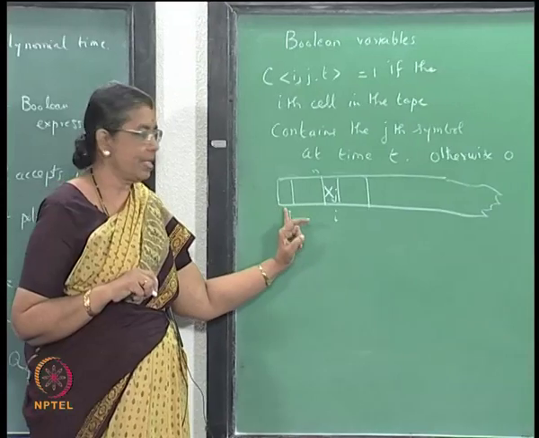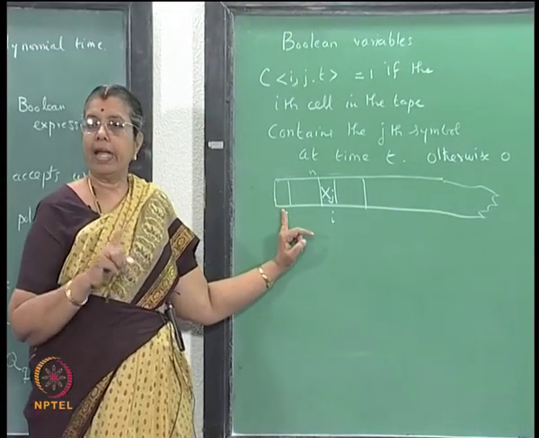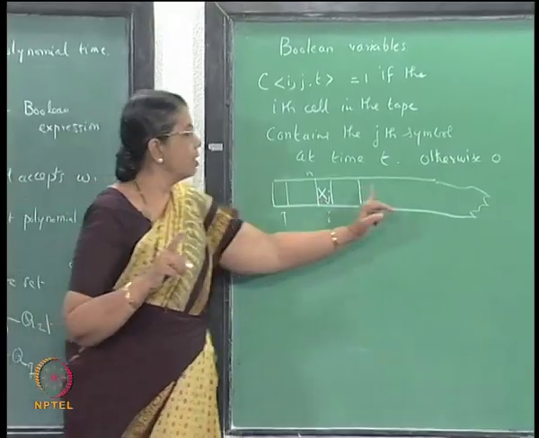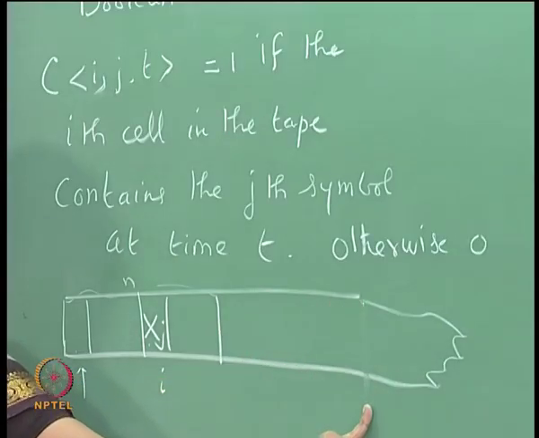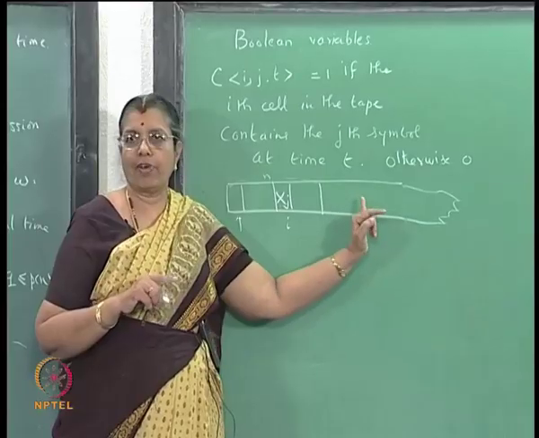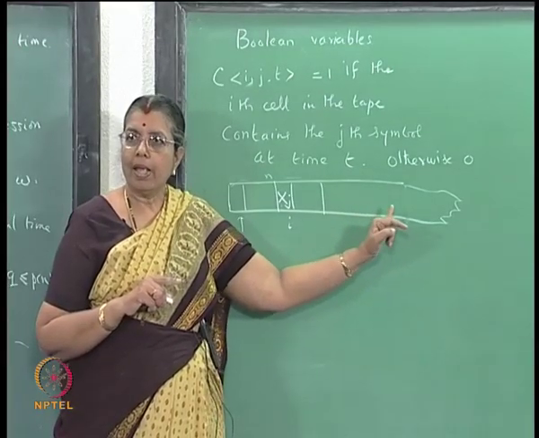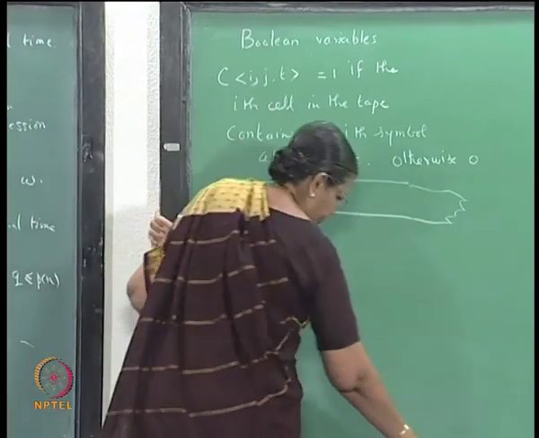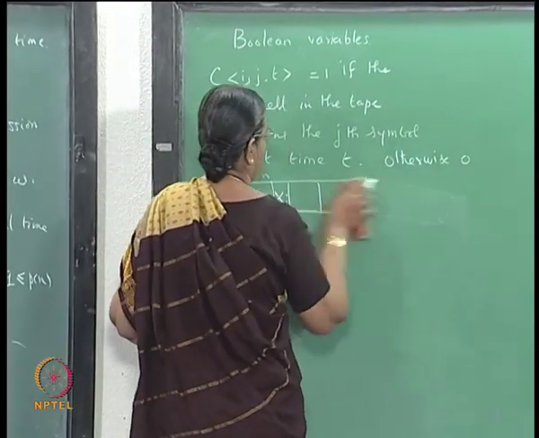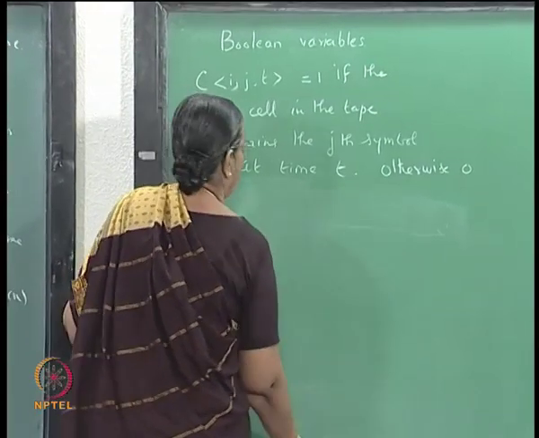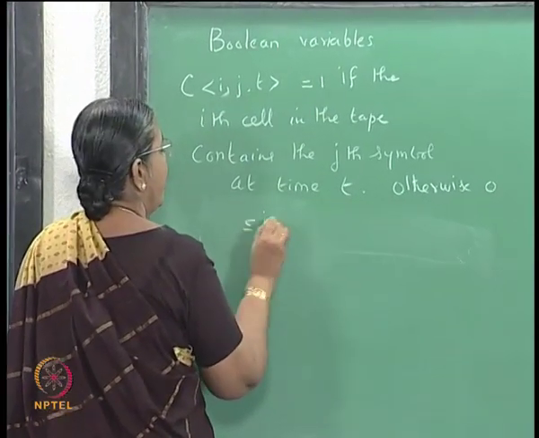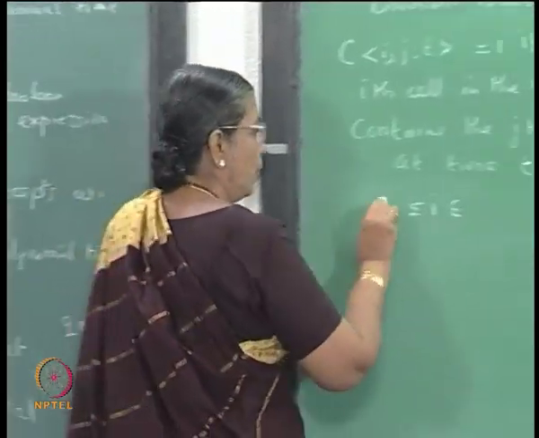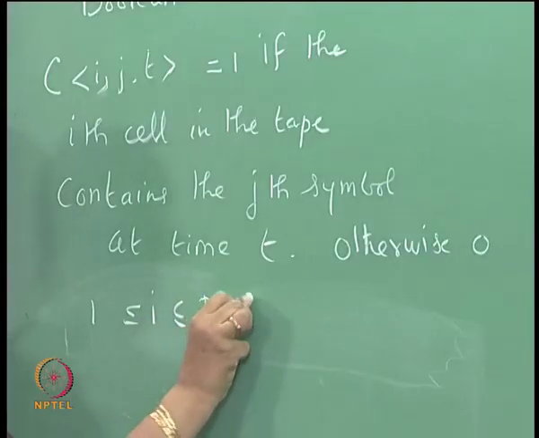See, the machine starts here and it has to halt within P of n steps. So, at the most it will need up to P of n cells, even if it moves just forward, it will be going up to the P(n)th cell. So, what is the range for i? 1 to P of n.